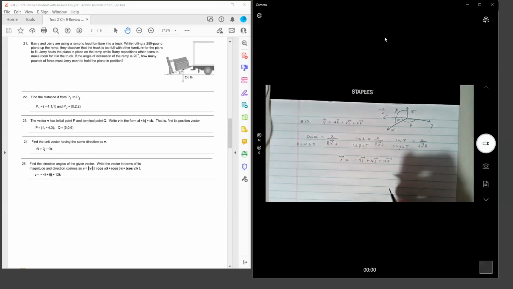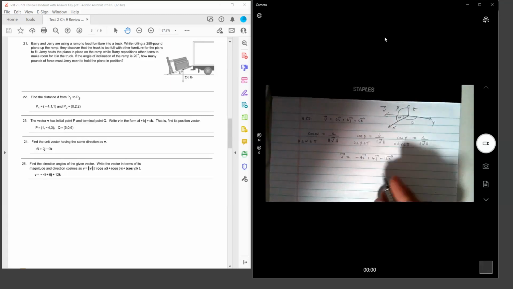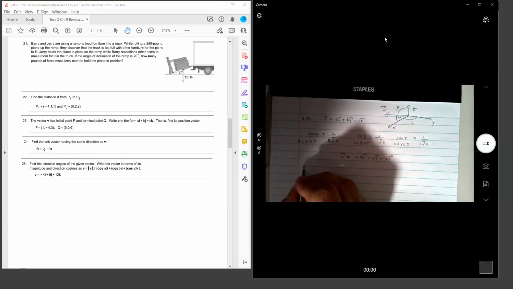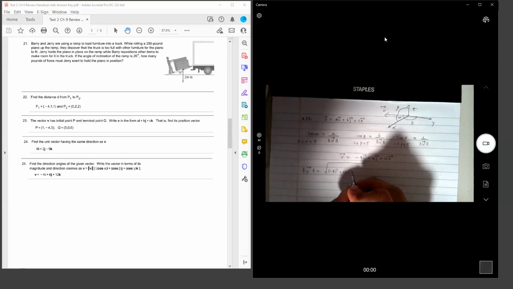So here we go. We need to find the magnitude. So the magnitude is going to be equal to the square root of negative 4 squared plus 6 squared plus 12 squared.